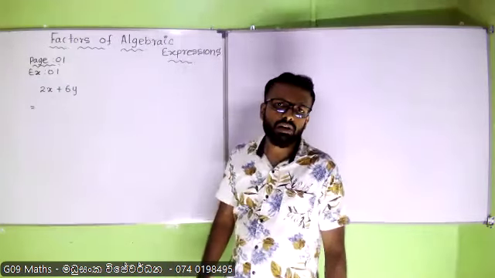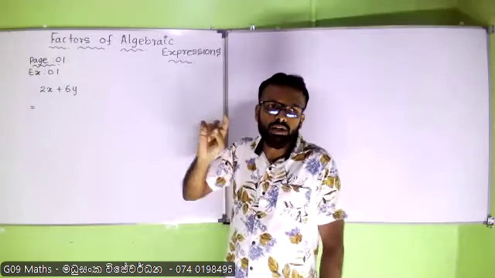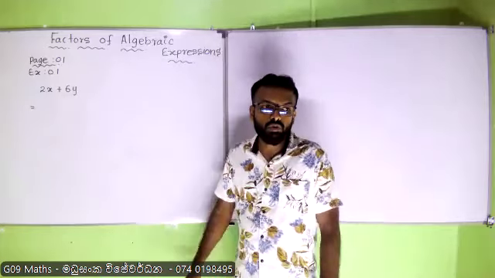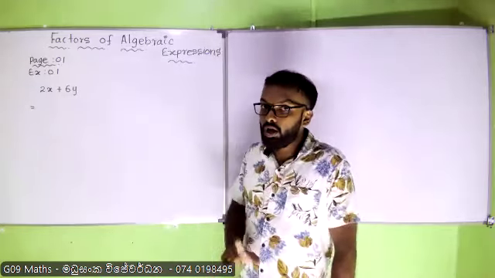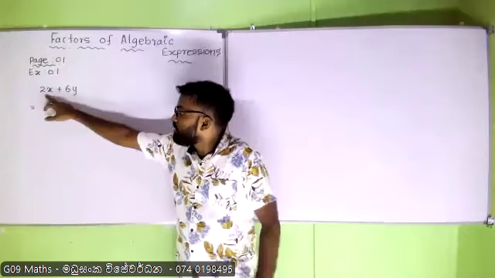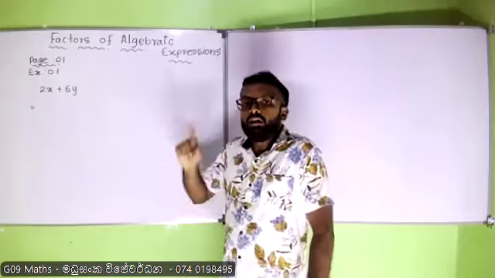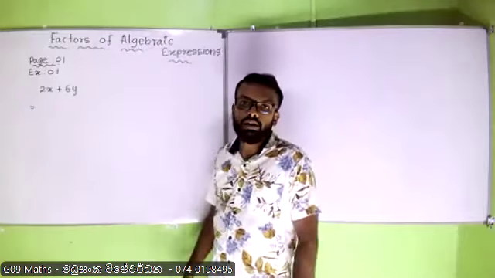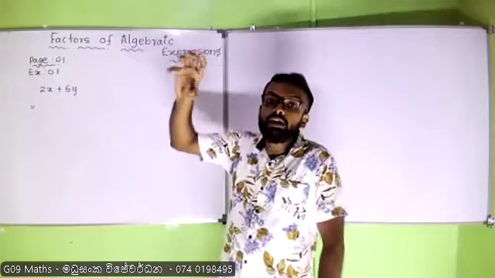Can anyone tell me what is the highest common factor for 2 and 6 both? 2. Excellent. So the highest common factor is 2 for the first term and the second. If you take 2 out of the brackets, that is called factorization.